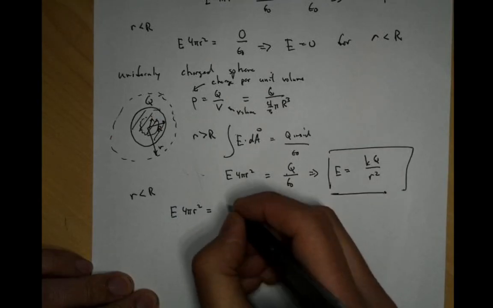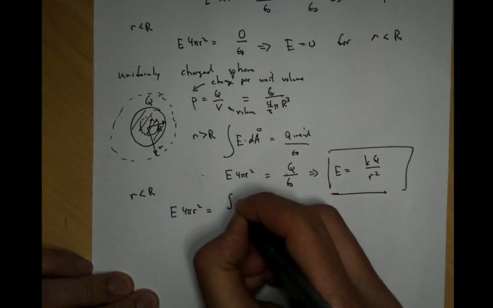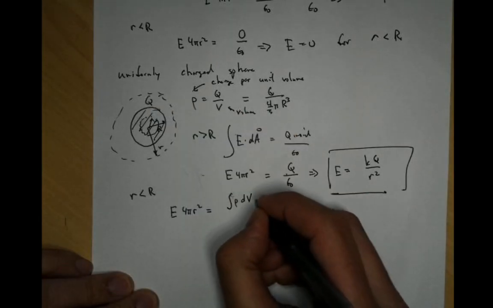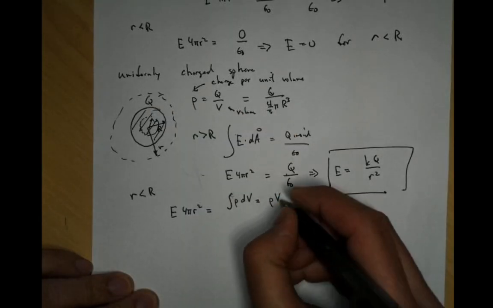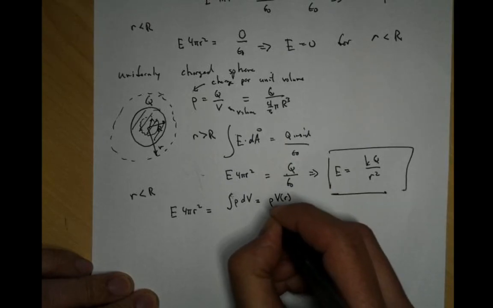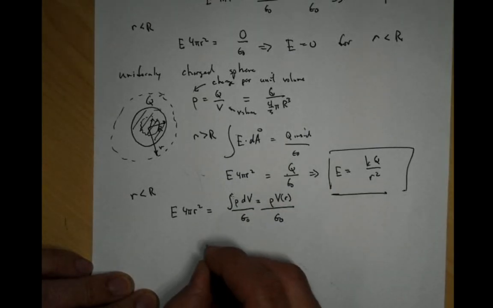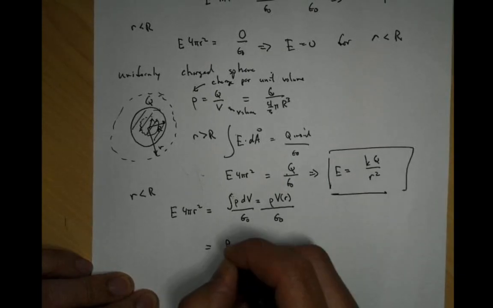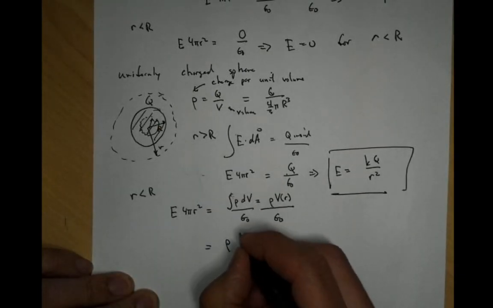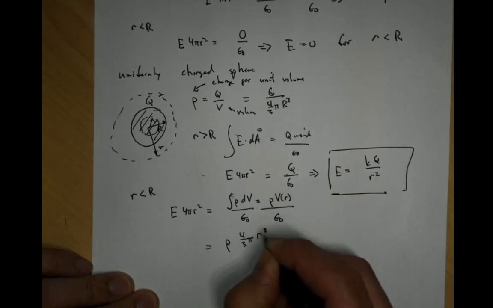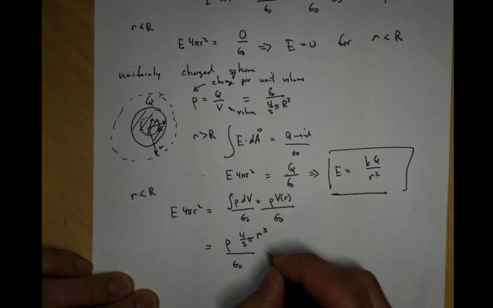What it is is the integral of rho dV, where the volume is inside, or you can think of it as rho times V of r, divided by epsilon naught, right? So this is basically rho. What's the volume of a small sphere? 4/3 pi r cubed divided by epsilon naught, okay?